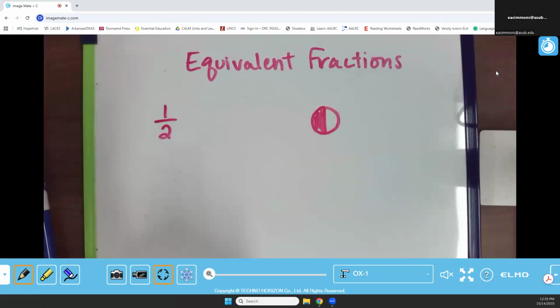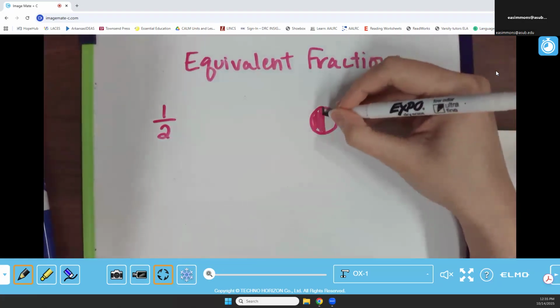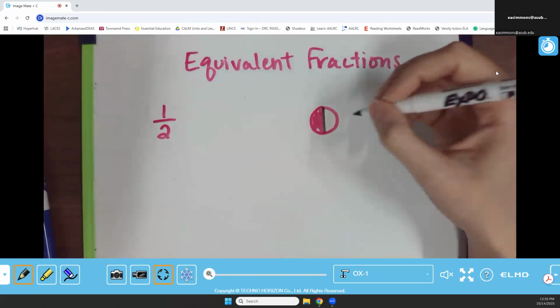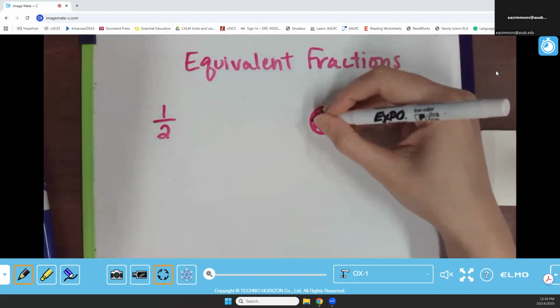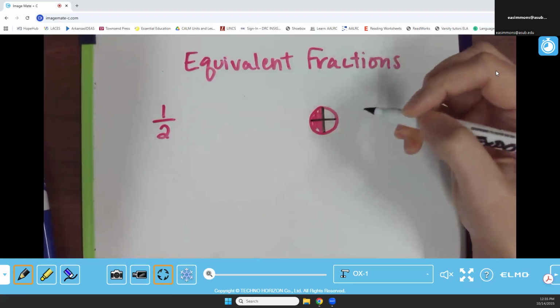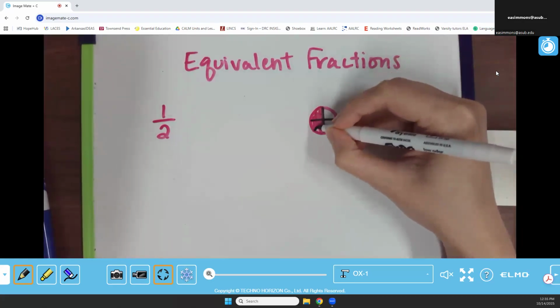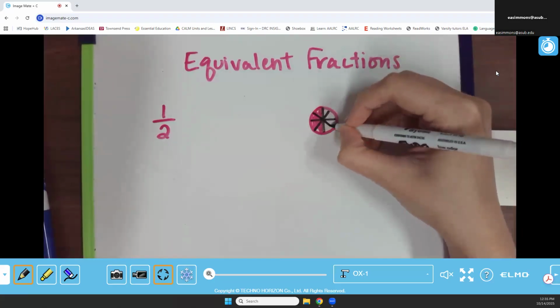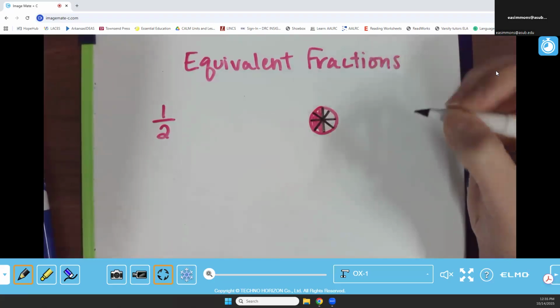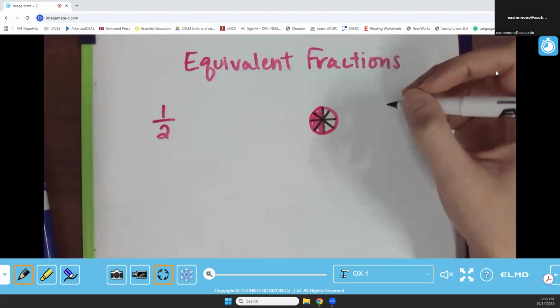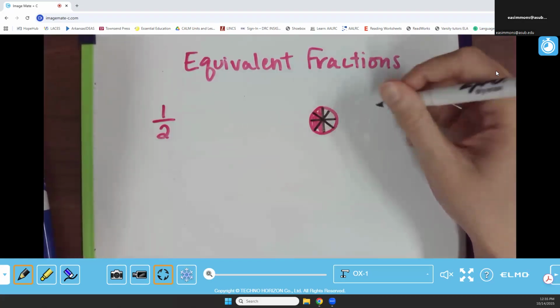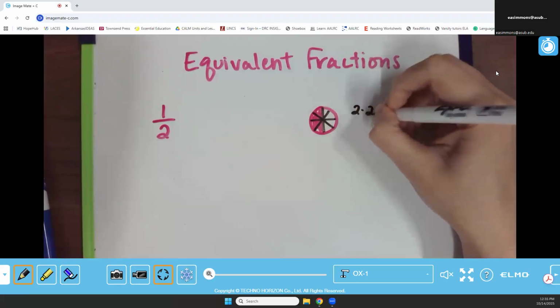And maybe I want to turn this into a pizza that was cut into 8 pieces. So I've got 2 pieces. I multiply that by 2 and now I have 4 pieces. And then I'm going to multiply that by 2 and I get 8 pieces. In total, I multiplied the whole fraction by 4 because 2 times 2 is 4.